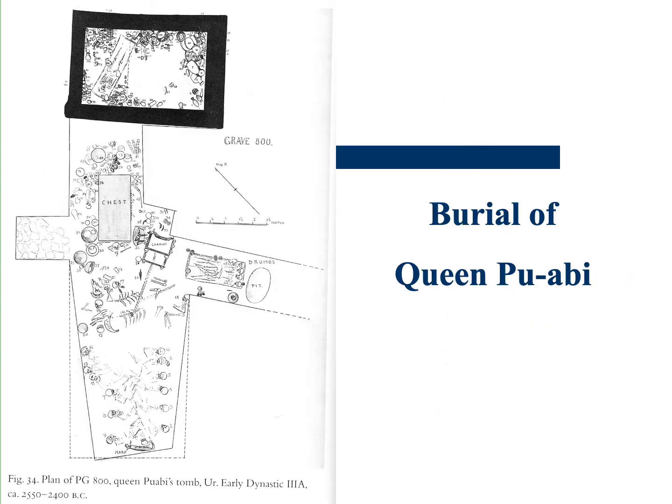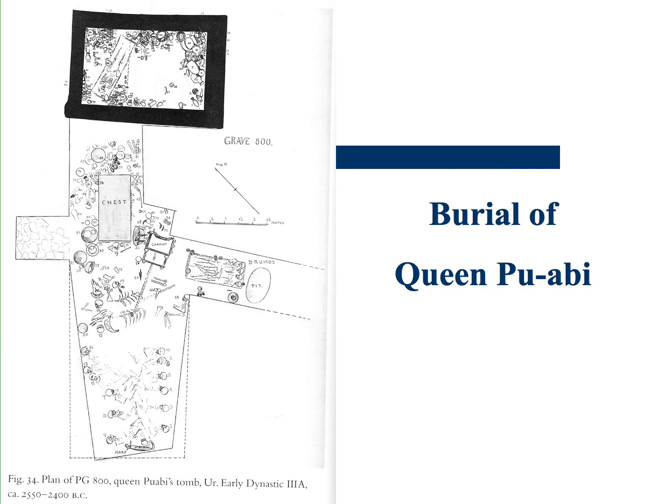One in particular here is the burial of Queen Puabi, who not only was buried there herself with an incredible amount of wealth and a chariot and a horse to go with the chariot, but also her attendants, right? At the bottom, the last burial there at the bottom of the drawing is actually her personal harpist, her personal musician.